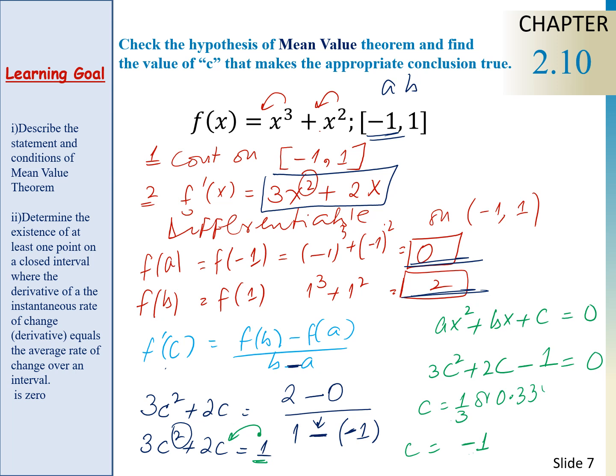So it has to be in between, because they always say there is an existence of a c point within the interval. Okay, so the answer will be c equals 0.33. Let's see here, minus 1 here, 1 here, and 0.33 in the middle. So this is our answer. Don't take the edges.